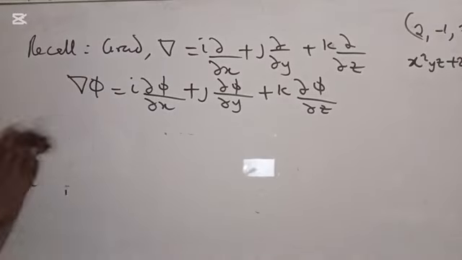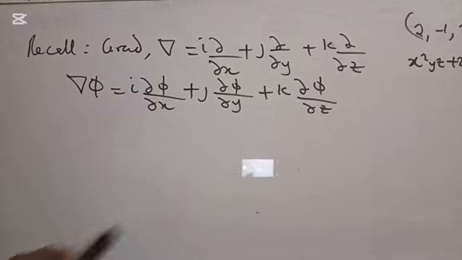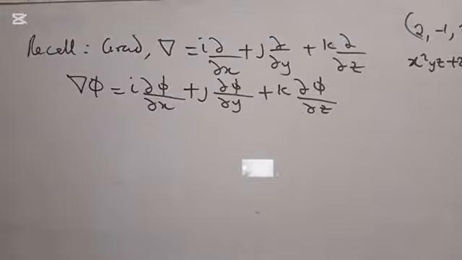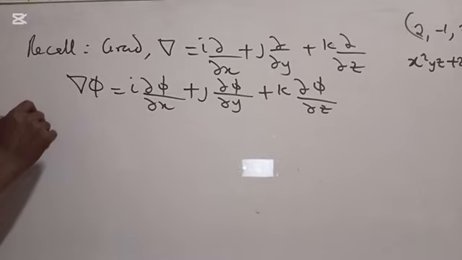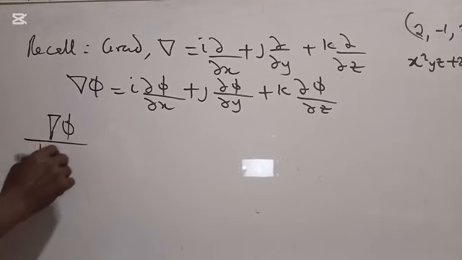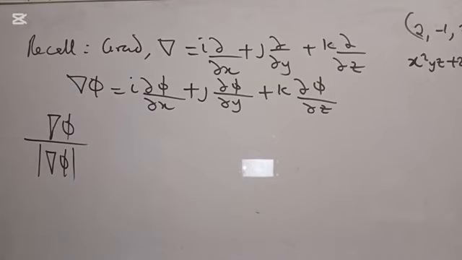Like I said in the formula, the unit vector normal to the surface is calculated using the vector all over the modulus of that particular vector. So what we want to find is grad phi all over the modulus of grad phi at the point 2, minus 1 and 3.